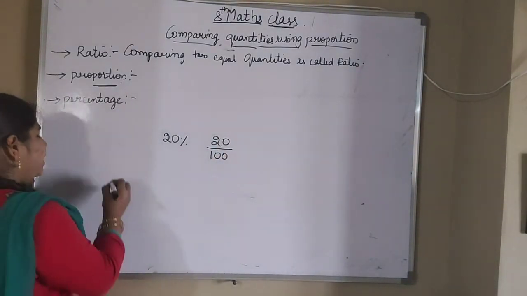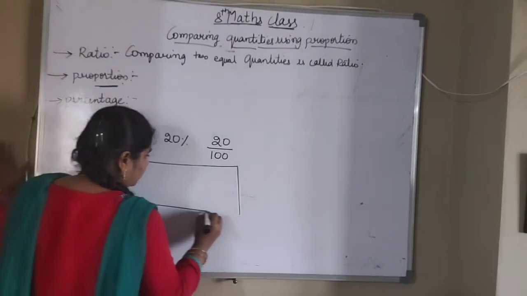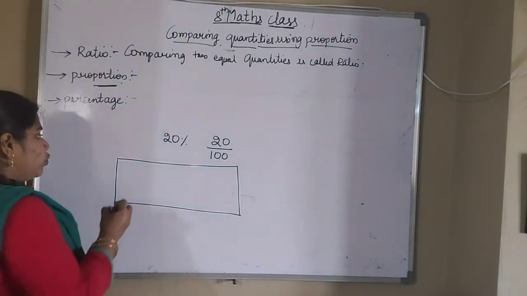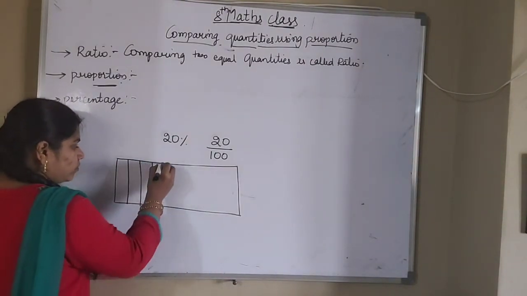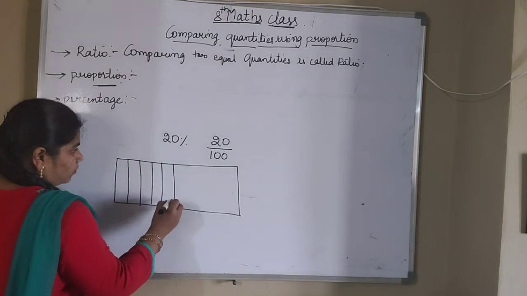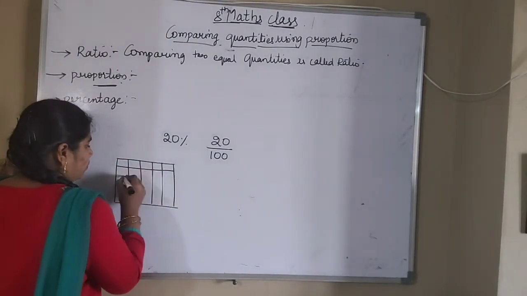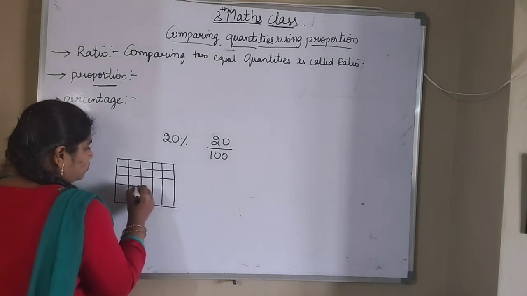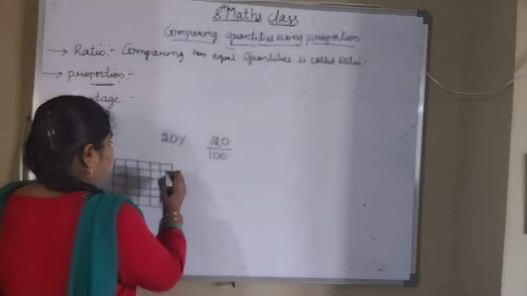Suppose I am taking one chocolate bar here. In the chocolate bar, a total of 100 pieces are there.